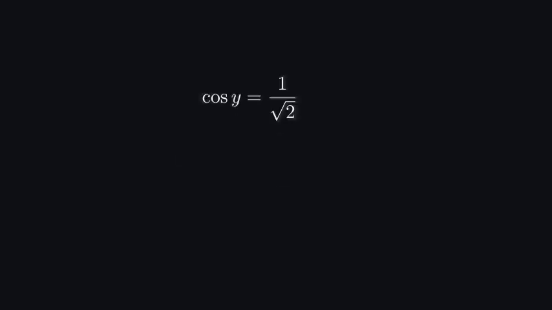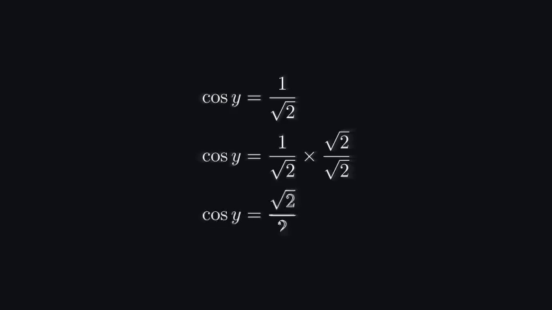Cos of y equals 1 over the square root of 2. Cos of y equals 1 over the square root of 2 times the square root of 2 over the square root of 2. Cos of y equals the square root of 2 over 2.